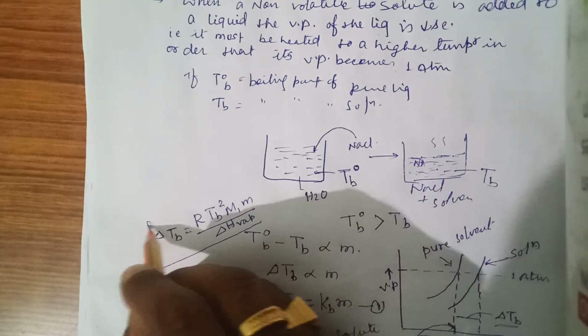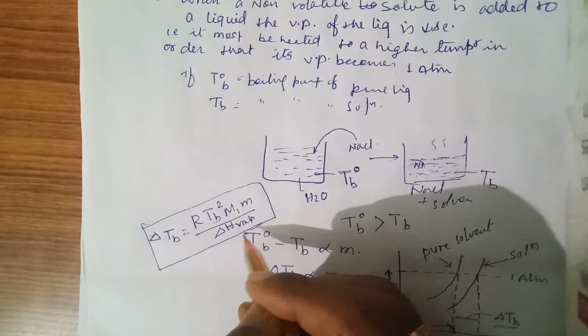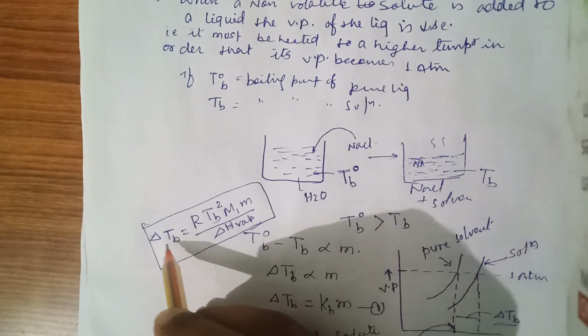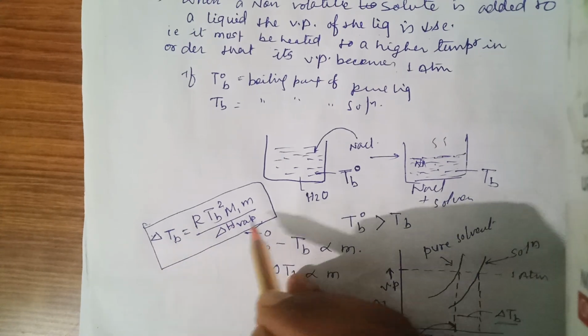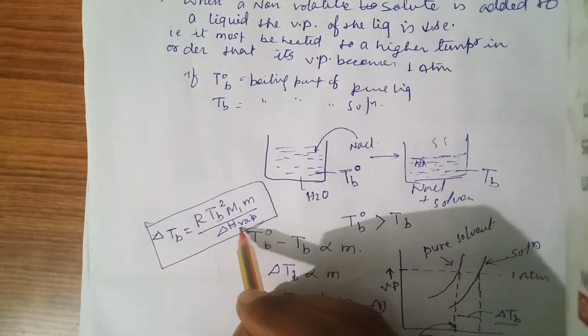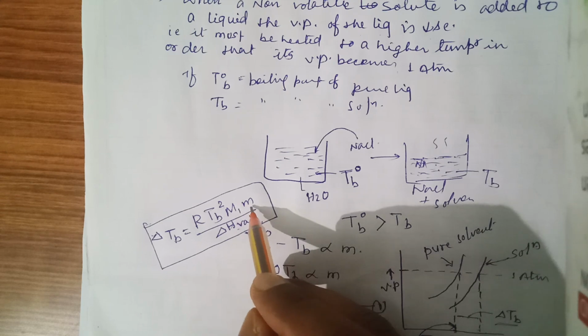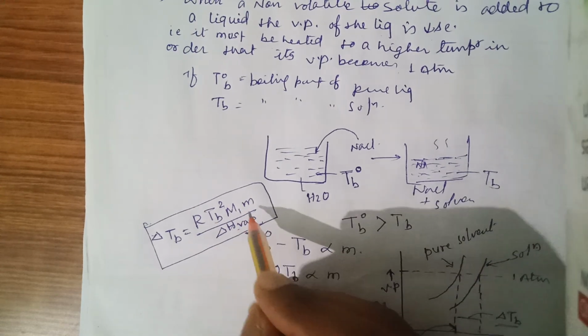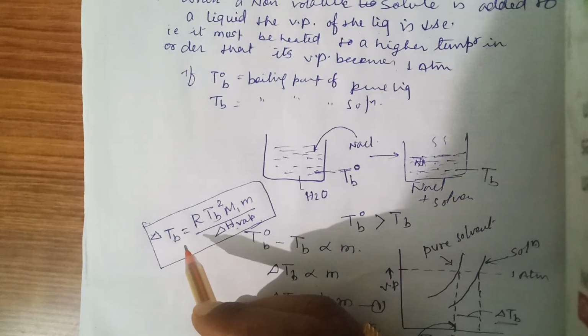By using this formula, sometimes in your NEET exam or JEE, they might ask you directly for the elevation in boiling point. If you are given the heat of vaporization, the molar mass of the solvent and the molality, in that case you can calculate the elevation in boiling point.